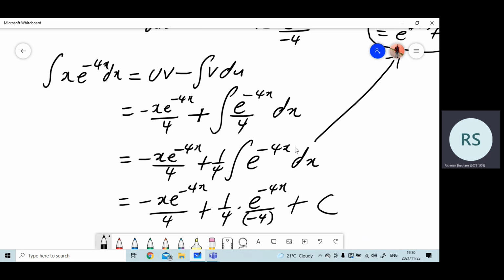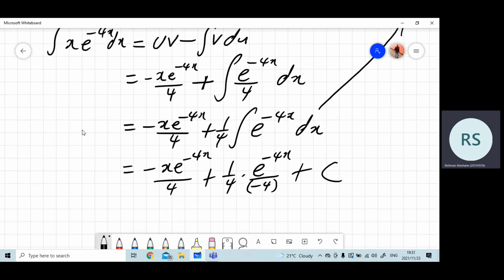So when the derivative of the inner function is a constant, just integrate the outer function e to the function. Direct integral of e is just e, it doesn't change. But if the derivative of the inner function is a constant, just divide by this derivative, which is a constant, it's minus 4 always, if you don't want to use this formula, okay? So this is my answer.